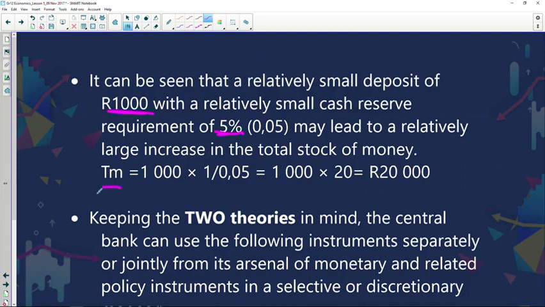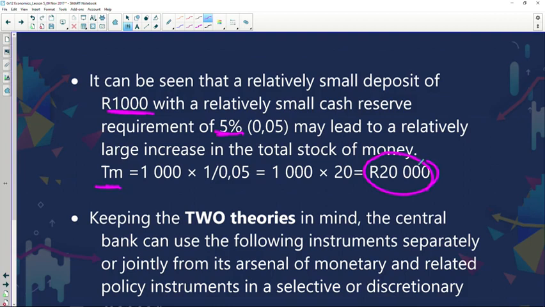So TM, which is the total stock of money, will equal 1,000 times 1 divided by 0.05, which equals 1,000 times 20, and we then have 20,000 Rand over there.